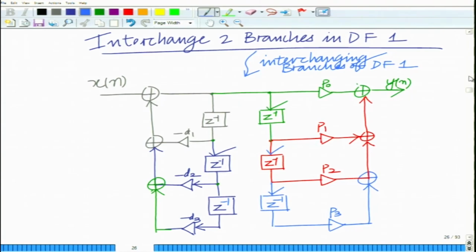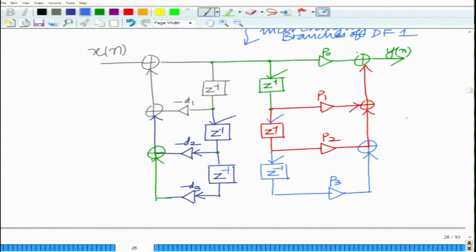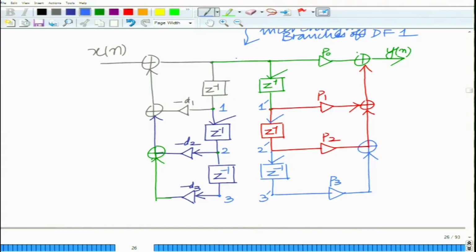And what you can realize at this point is that if you look at this pairs of signal points 1 and 1 prime, and if you call this 2 and 2 prime, and finally if you call the signals at these points 3 and 3 prime, these signals at these points 1 and 1 prime, 2 and 2 prime, 3 and 3 prime, these are the same, that is whatever the signal is at this point, alright, let us call this W tilde n.